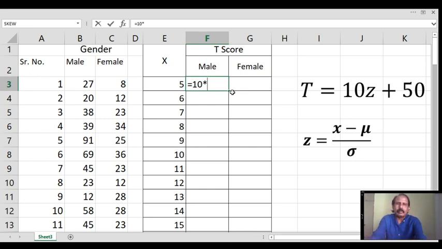Now we start here bracket sign, then X minus mu. Our X is in E3, so we write here E3 minus mu. Minus mu means minus mean. Here mean of male, and mean of male is found in B55. So minus B55 we will write here.